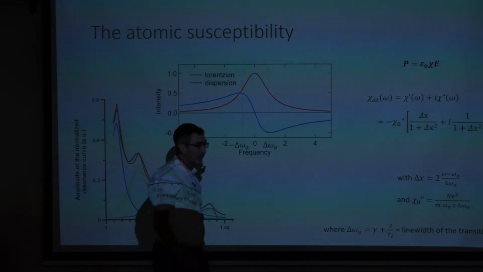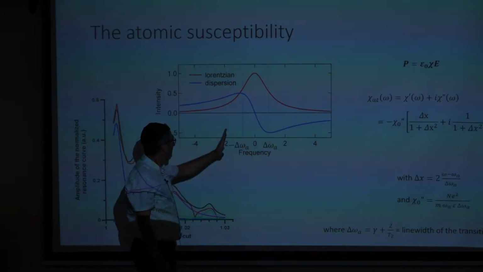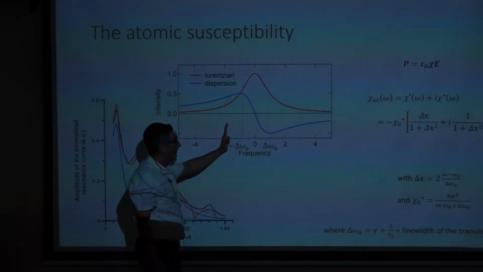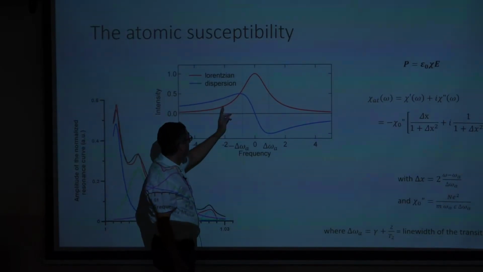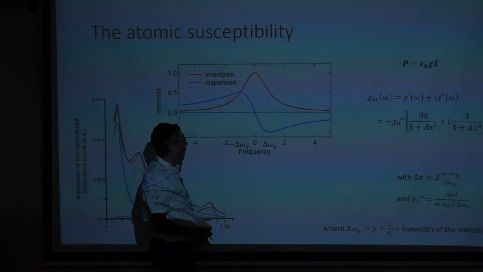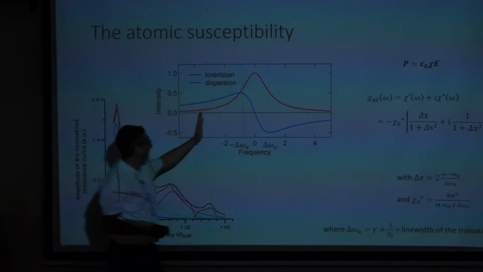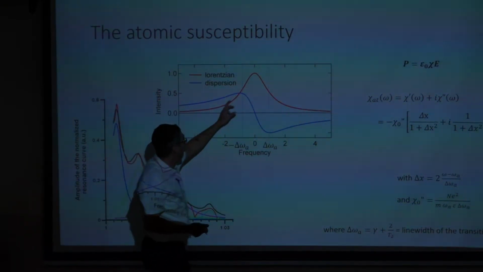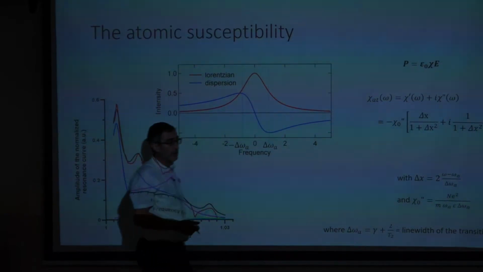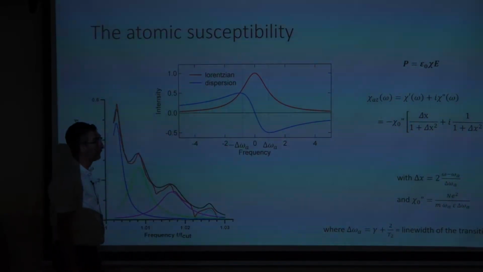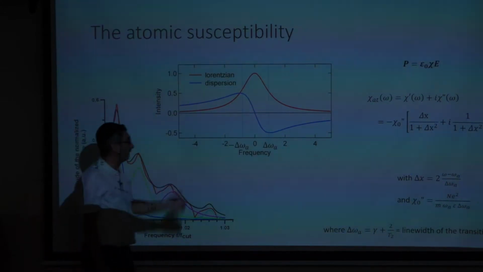So it means that if I excite the system at a given frequency omega, the transfer of energy will be more or less efficient depending on where I am on this plot and what type of Lorentzian curve I have for chi, the transfer function.